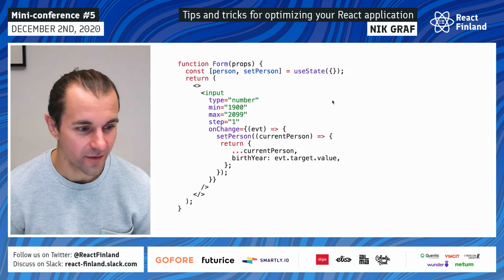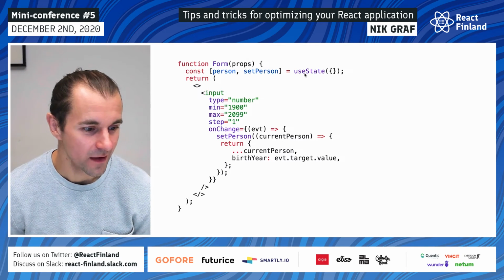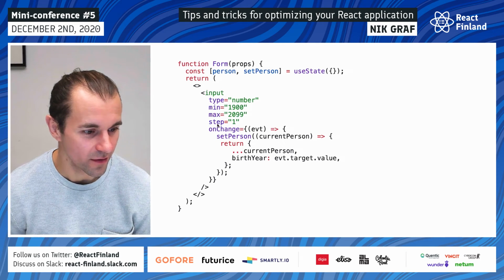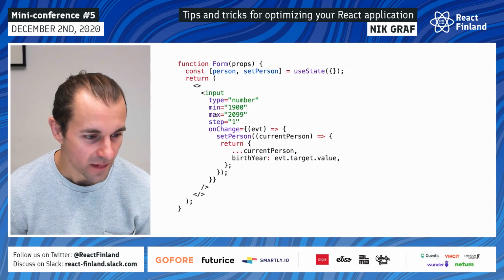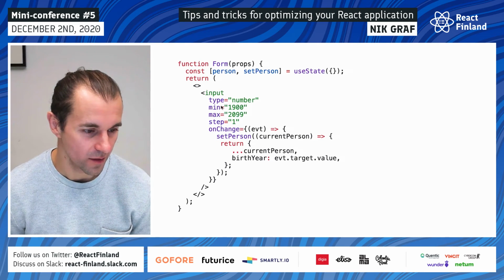Another one is if you look at, for example, useState per se. Here, for example, you have an input where you want to take the birth year of a person.